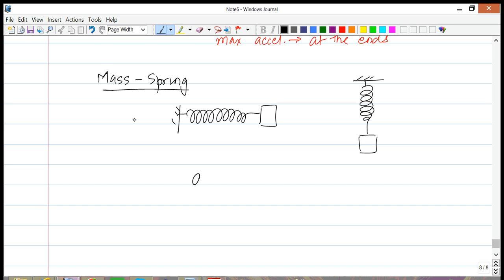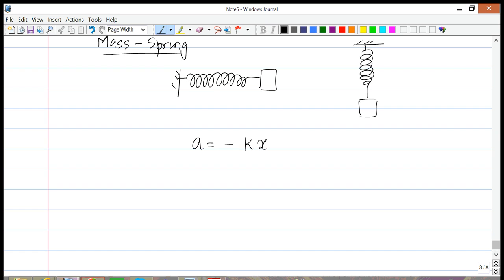In pretty much both these cases, we can reduce the equation to some sort of this, where a is equal to negative kx over m. So ma is equal to negative kx, and this basically comes from the fact that F is equal to negative kx, but F itself is ma, so a is negative k over m times x.